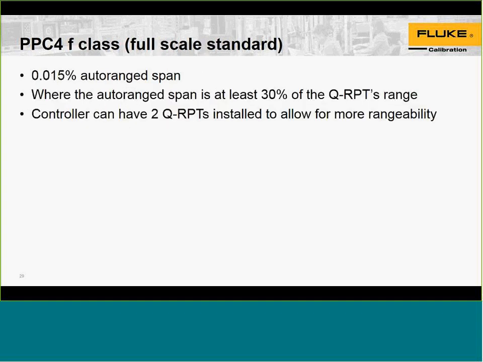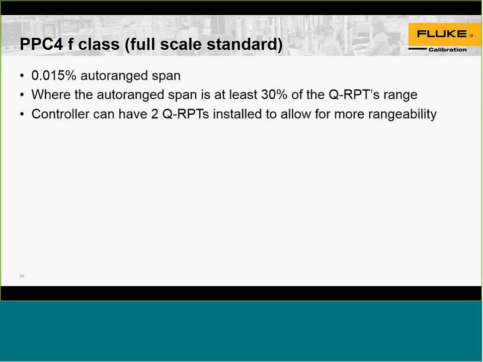For F class, full scale class, the Autorange span is at least 30% of the QRPT's range. And you can have up to 2 QRPTs installed for more stability. For example, a 1000 PSI high range and 100 PSI low range would be a 10-to-1, where you can use the same percent of Autorange span down.